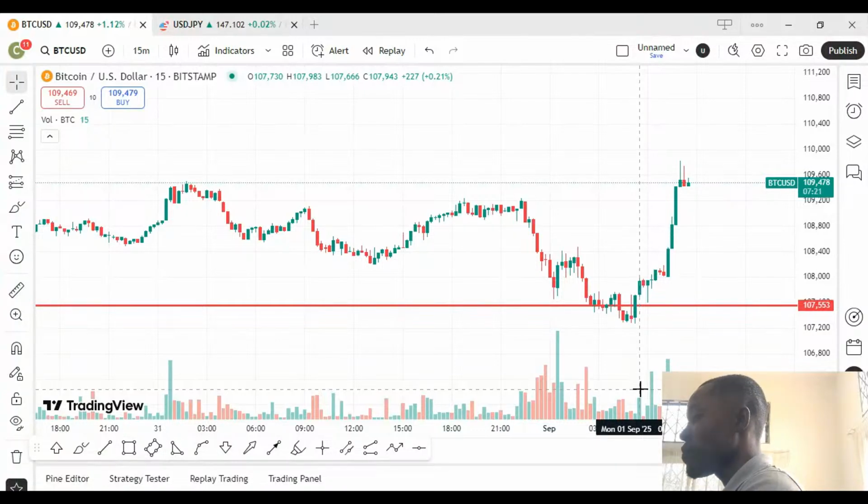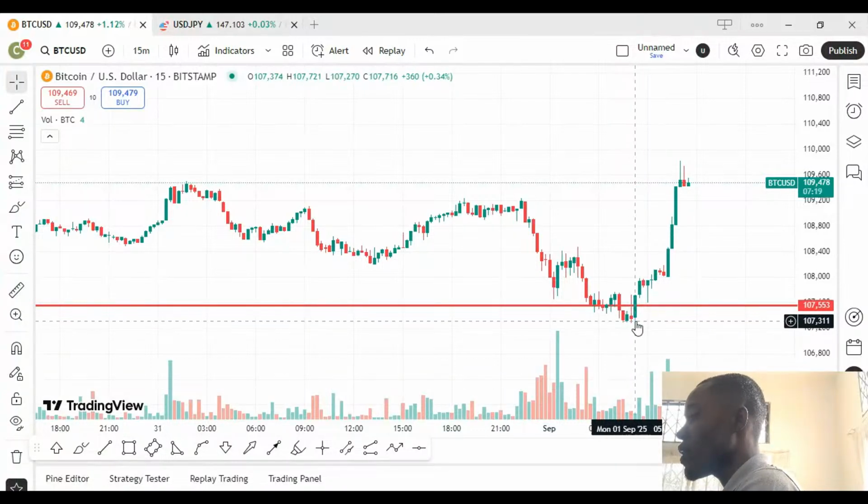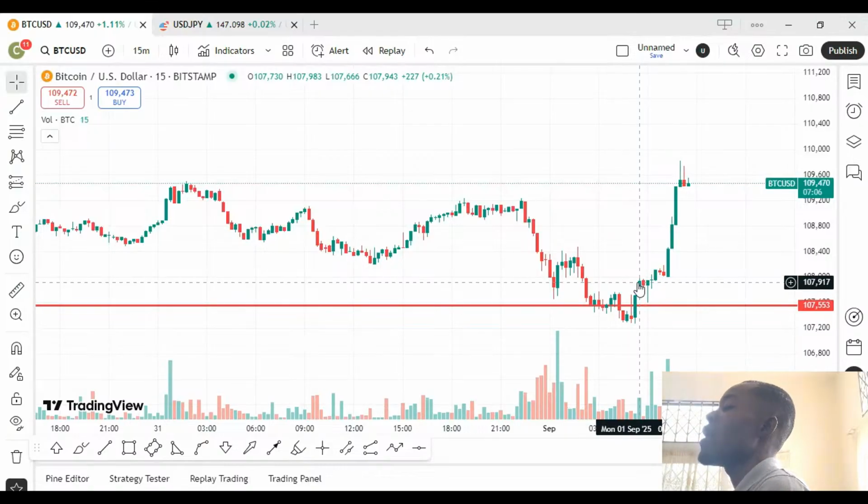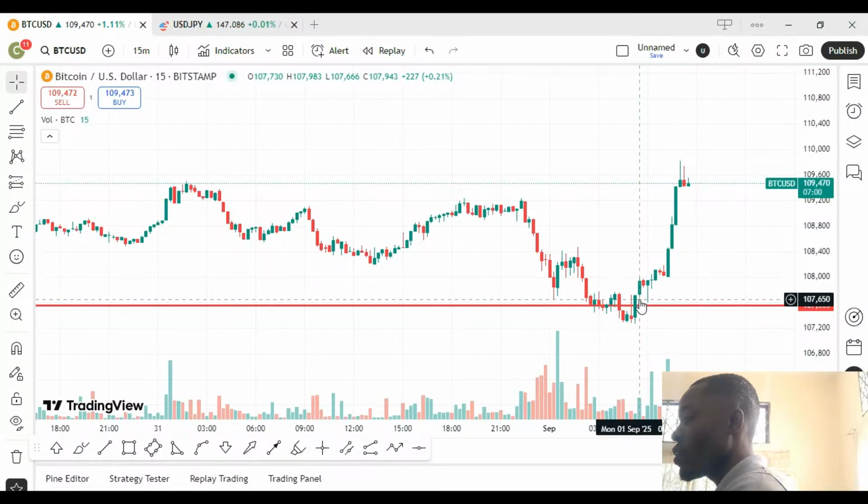So if at this particular area we saw a spike in the volume indicator, that shows you that there are a lot of people supporting that, yes, the market should be buying at that particular point. So first of all, the market was in an order block, or the demand zone.